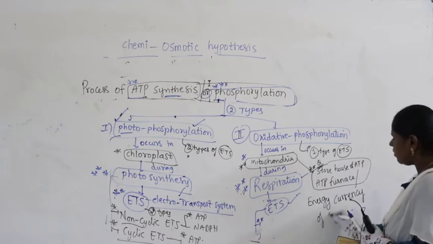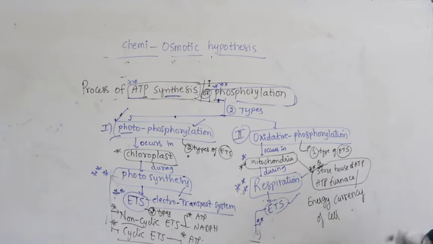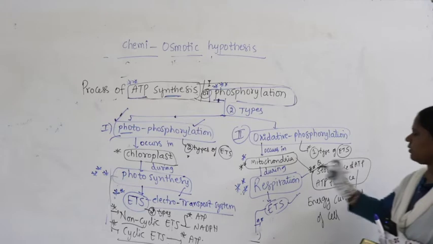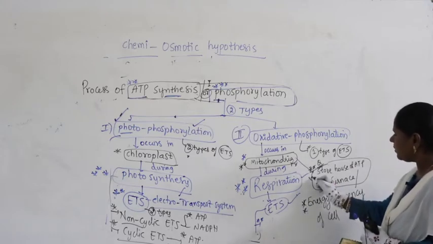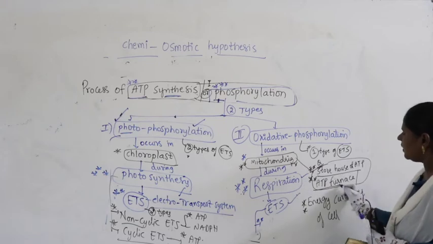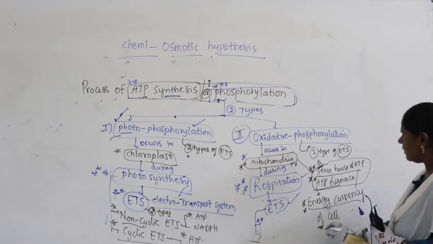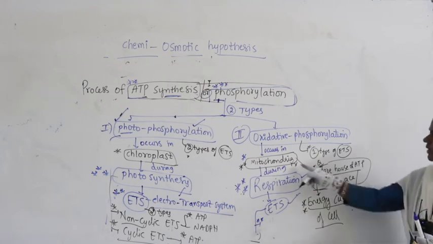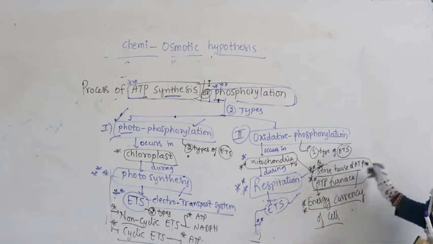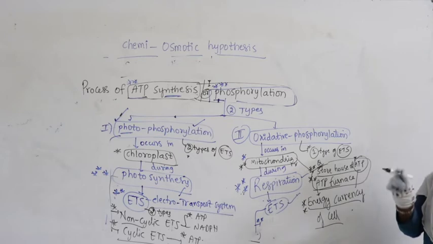Energy currency of the cell means for the cell, who will provide the energy? Always it is mitochondria. So all these terminologies are related to mitochondria. Mitochondria itself is called the storehouse of ATP. Guys, you have to be very careful with the question.